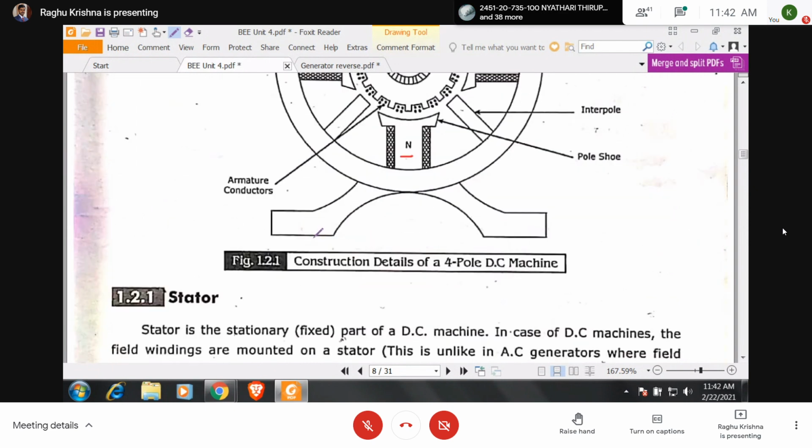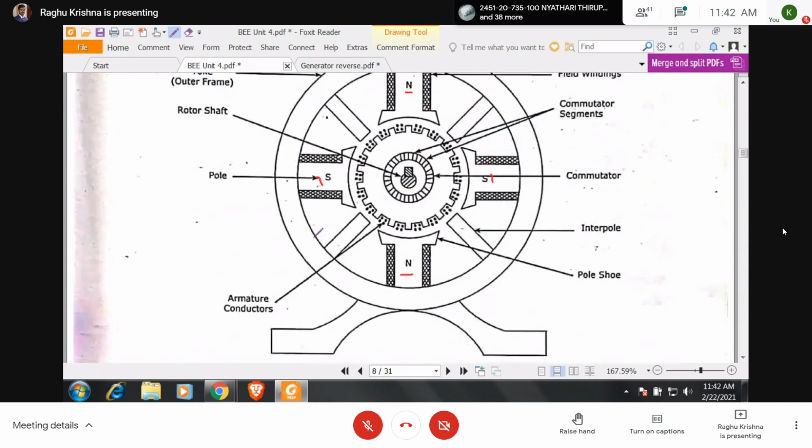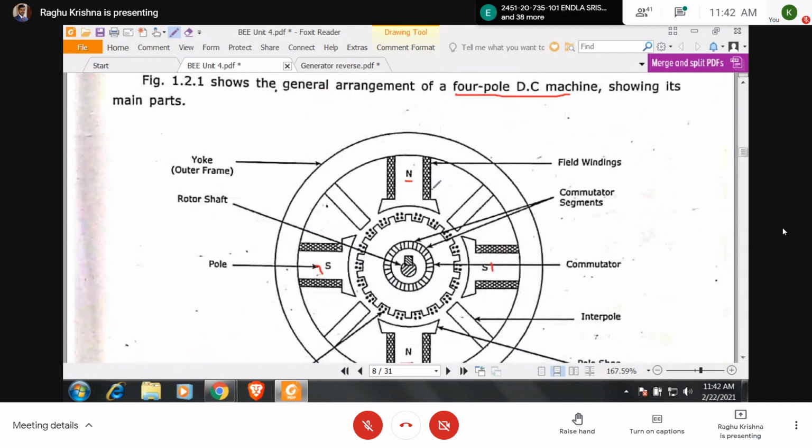Let us see these parts. What is the stator? Here, the outer frame is called the yoke. The stator consists of the outer frame, and here you are going to have the poles. These are the poles which are connected to the stator.